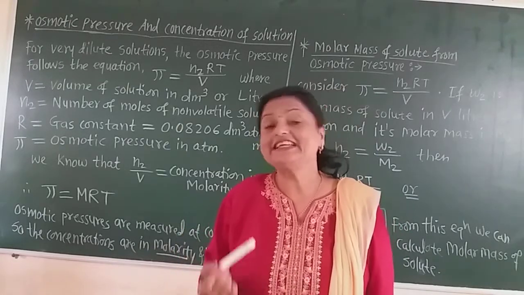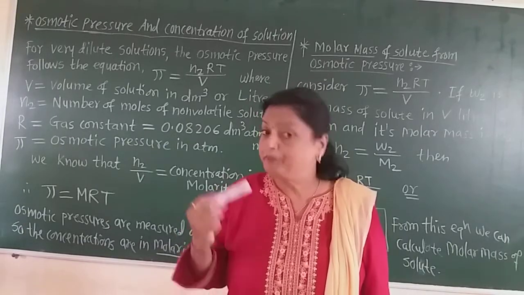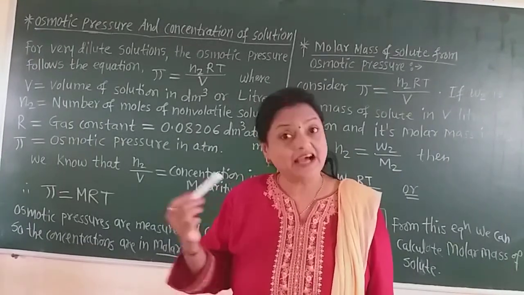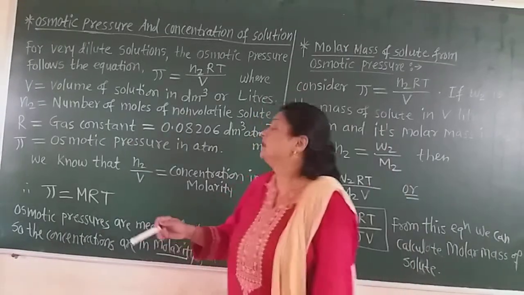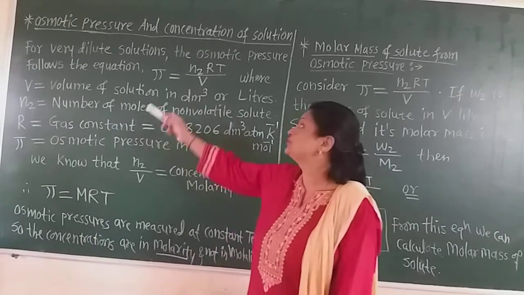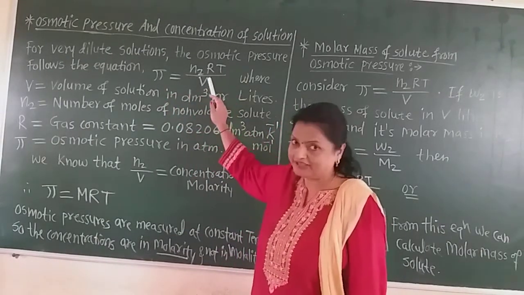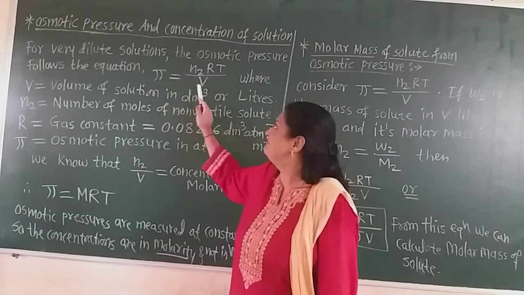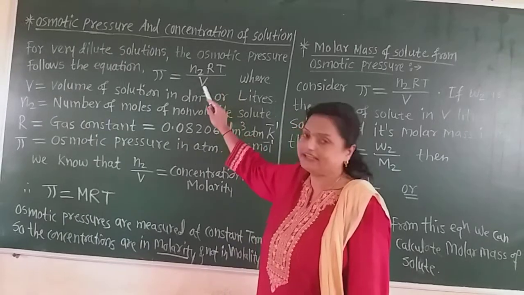That is the ideal gas equation. Similarly, P, that is the pressure, is equal to nRT divided by V. Here there is the osmotic pressure, so instead of P, use pi. So pi is equal to N2RT divided by V. As pi V is equal to N2RT, so pi is equal to N2RT divided by V.